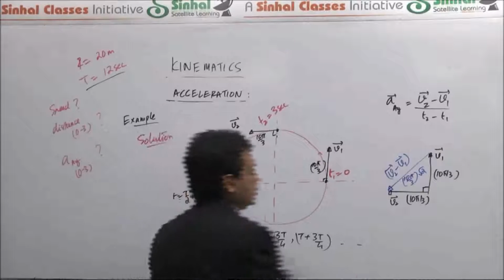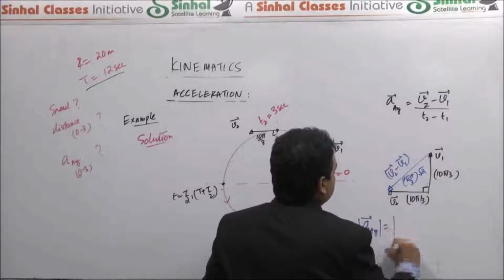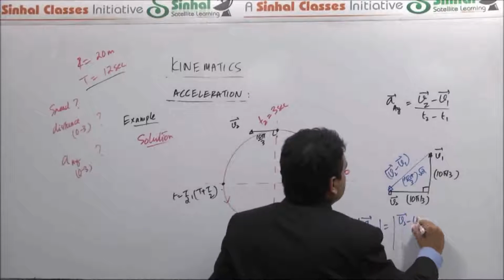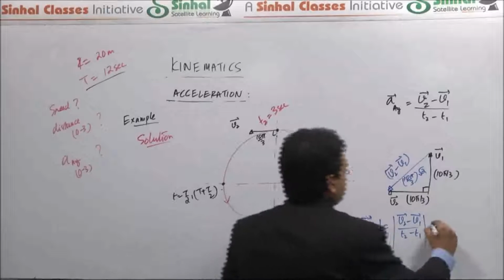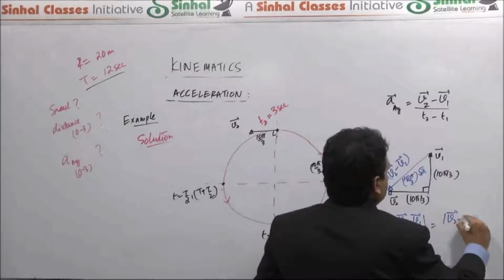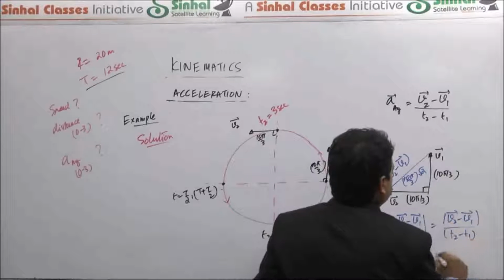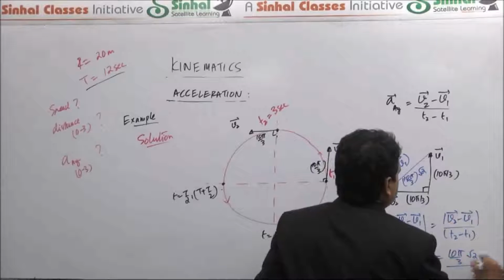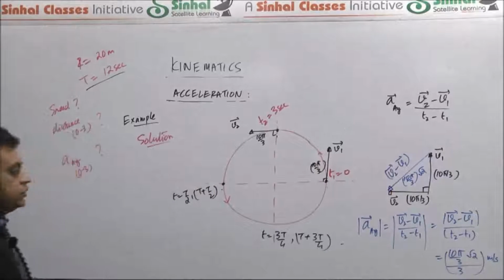So the magnitude of average acceleration is the magnitude of v2 minus v1 upon the time interval, so that is, right. That would be the final solution.